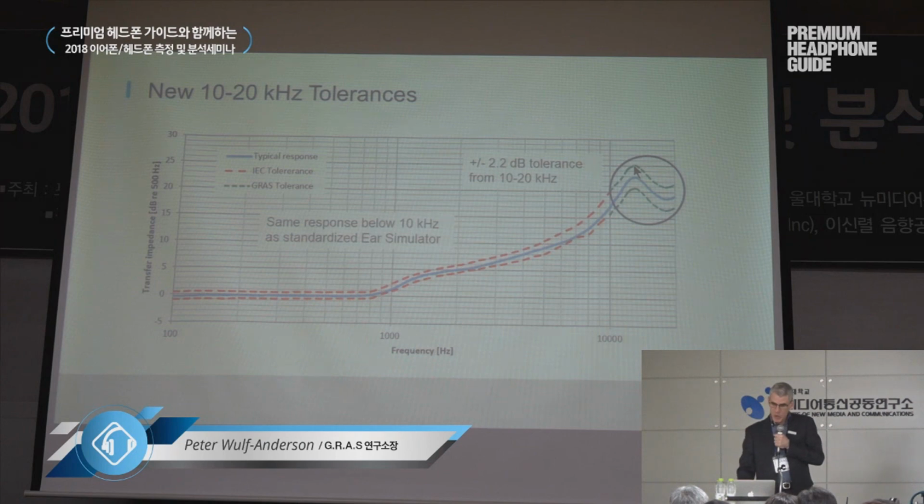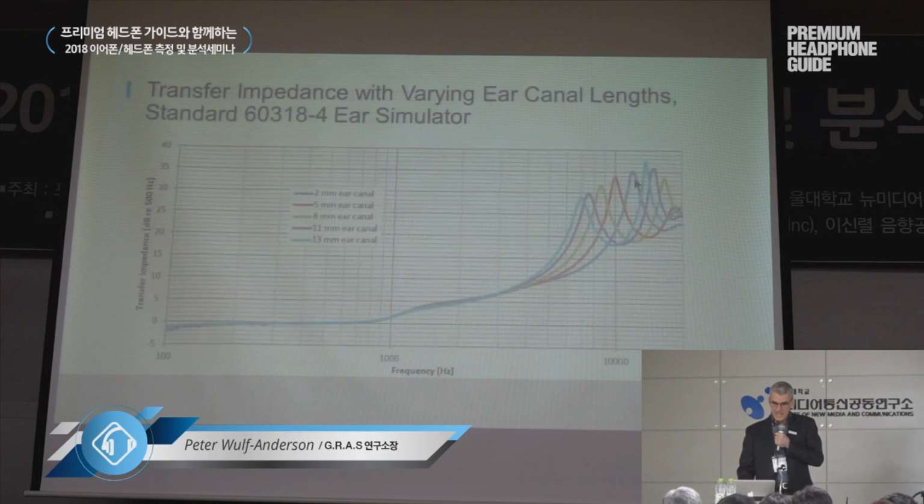Response below is still fulfilling 100% the IEC tolerances, and even up here we still have a resonance. We just managed to dampen the resonance. So the new coupler here is still fulfilling the IEC 318 standard, just making it much easier for you to do repeatable results.